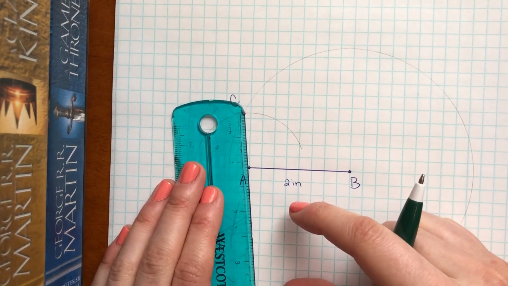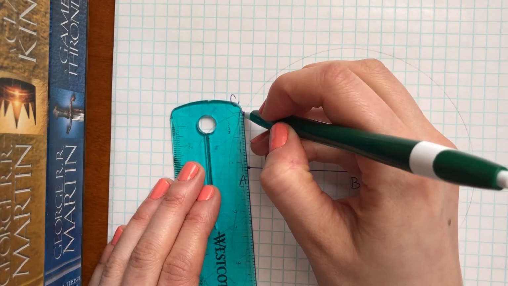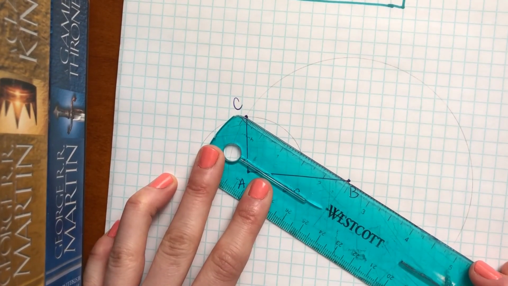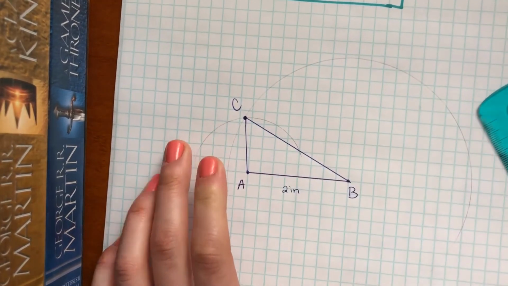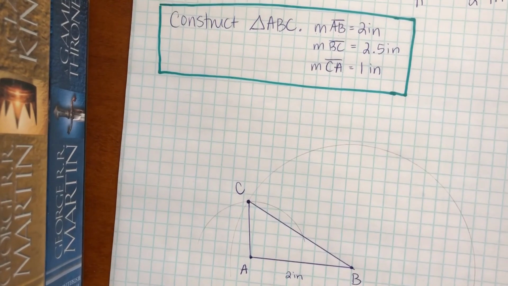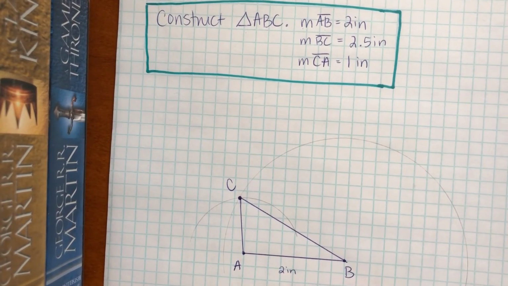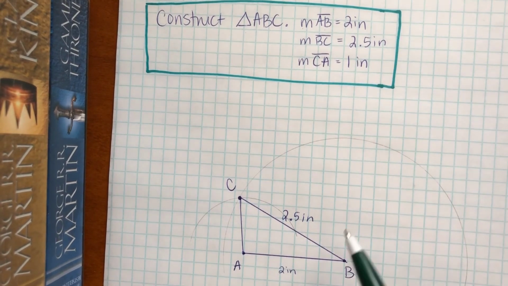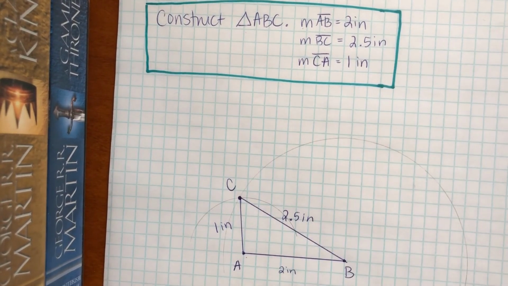So let's check, oh, it's just about an inch away from A. And from B, it's 2.5 inches away from B, just like it should be. So we've constructed a triangle ABC where AB is 2 inches, BC is 2.5 inches, and CA is 1 inch. And we did it.